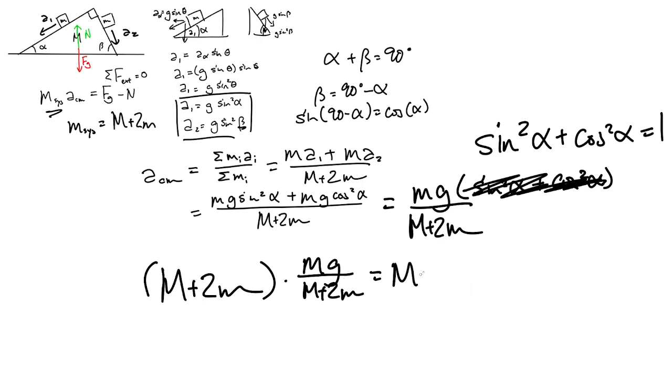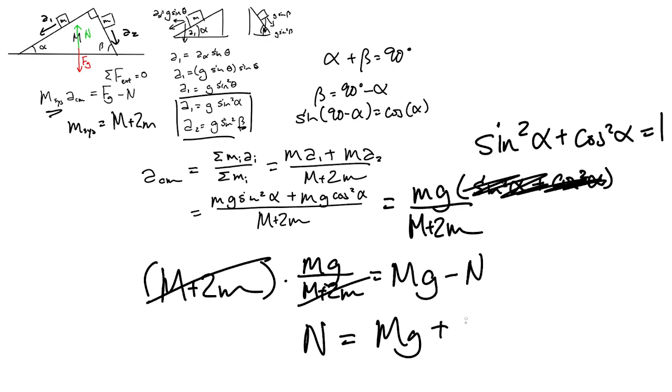This is not that. This is just big mg minus n, right? So this means that we can say these two cancel out, so our n can just equal big mg plus little mg, right?